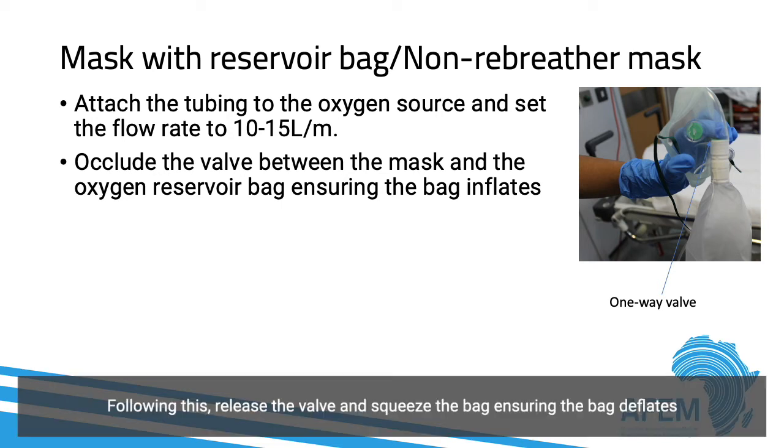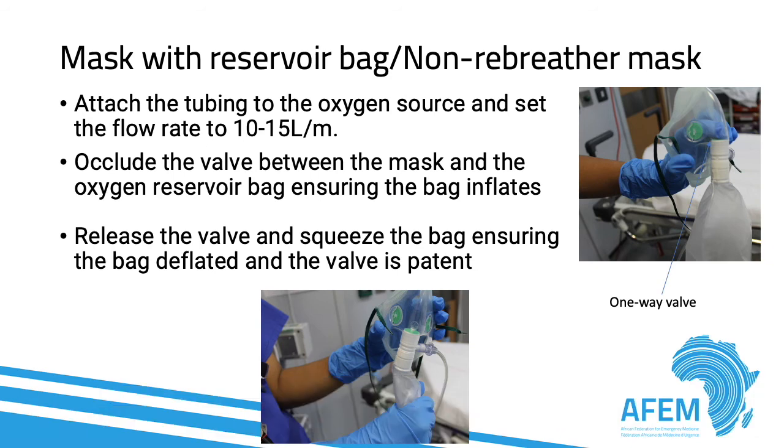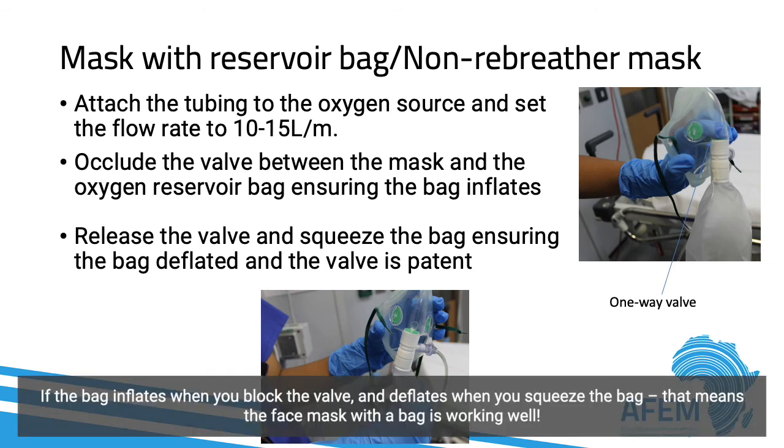Following this, release the valve and squeeze the bag, ensuring the bag deflates. If the bag inflates when you block the valve and deflates when you squeeze the bag, that means that the face mask with the bag is working well.